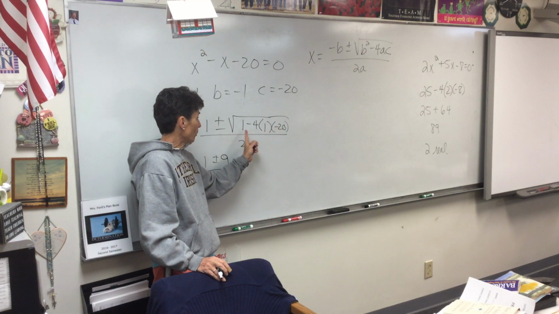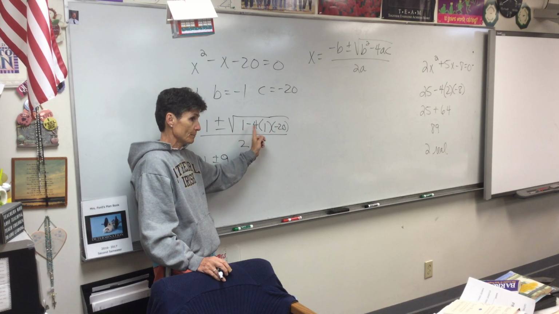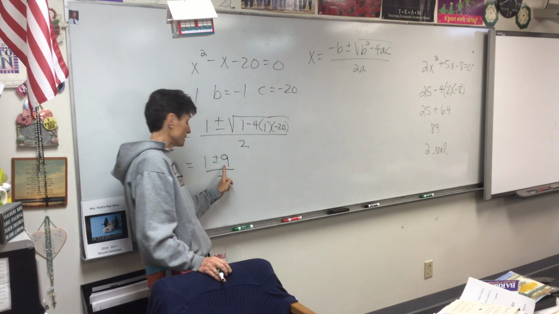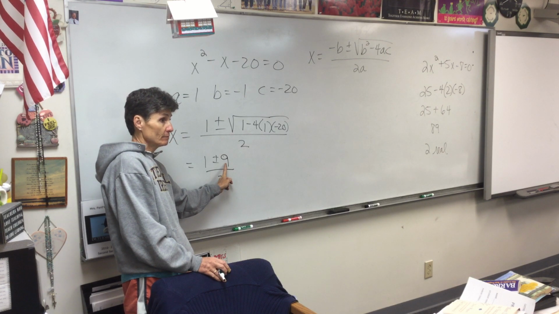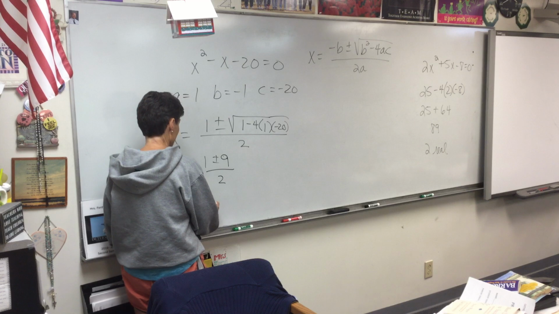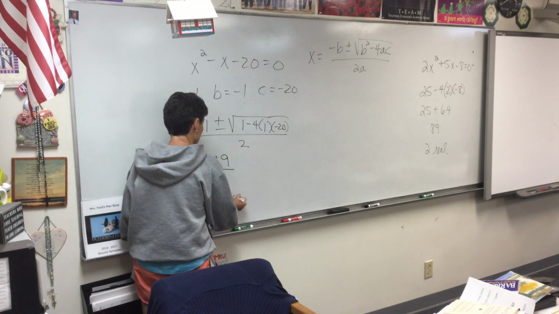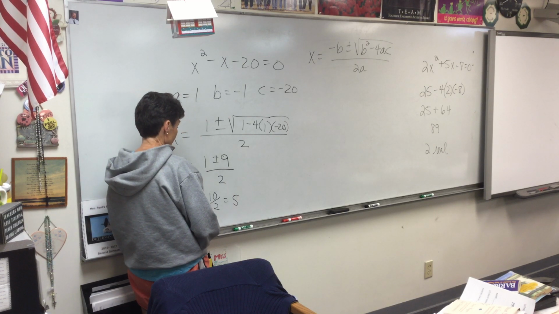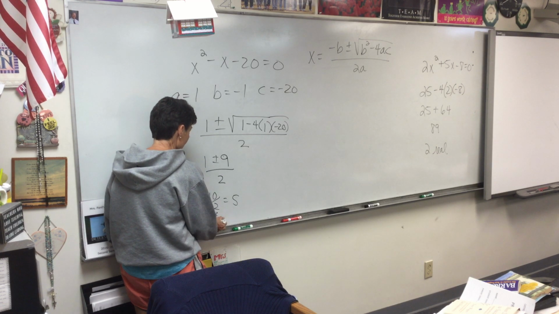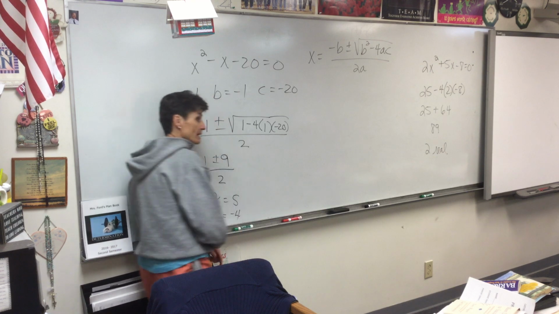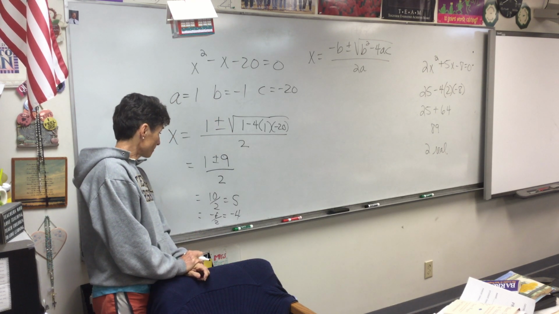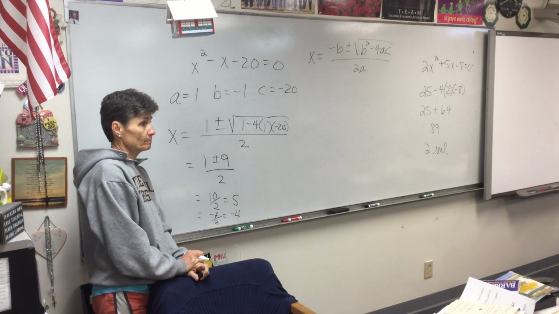Underneath here, I got 1 plus 80, which is 81, and the square root of 81 is 9. So 1 plus 9 is 10 over 2, which is 5. And 1 minus 9 is negative 8 over 2, which is negative 4. So the answer to the problem is 5 and negative 4.